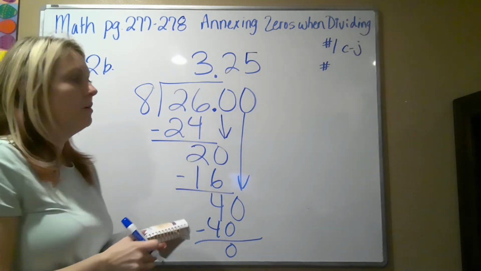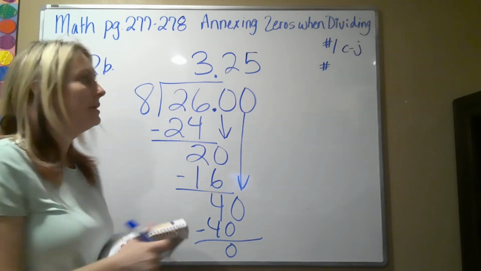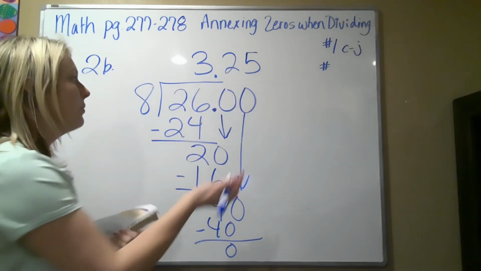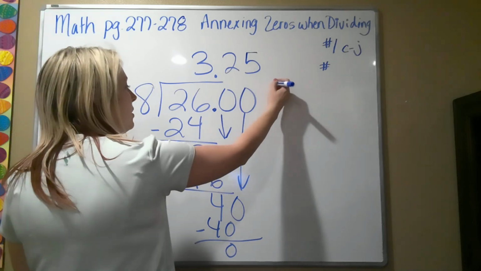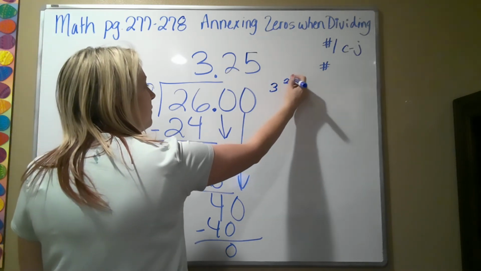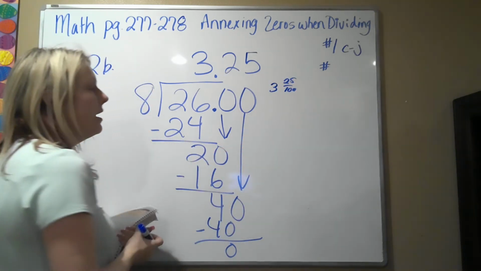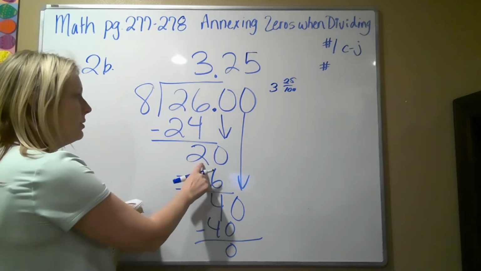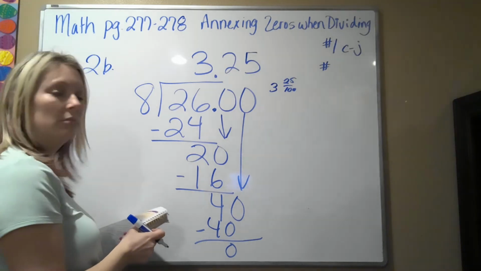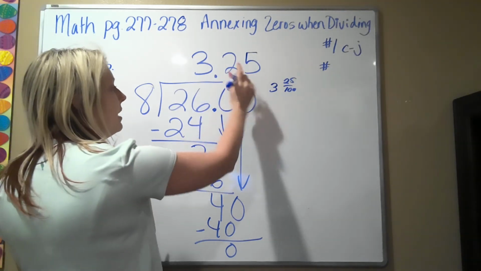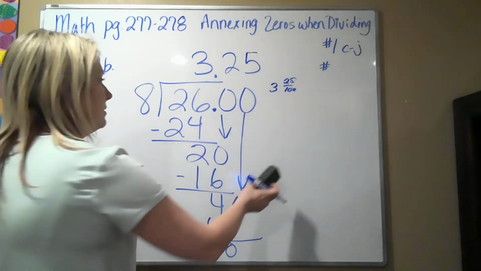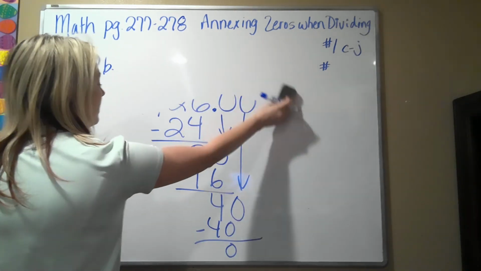Because this is our tens place and our hundredths place. If you were to write that as a fraction, you might write it like 25 hundredths, and if you wrote it as a remainder, you would have had remainder 2. But we're trying to get decimals. How are you feeling about this? I hope you guys are doing okay.